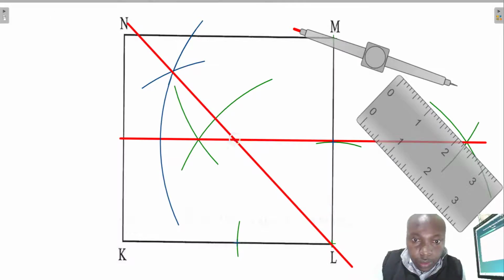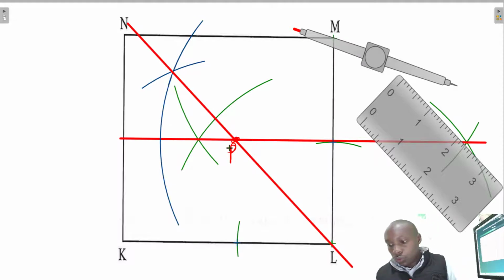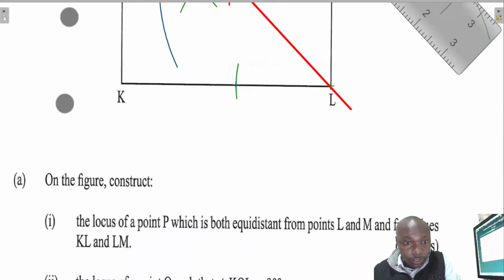P is exactly here in the middle, so that is where we have P. So P is this point of intersection of those two lines. The next thing you're going to do, let's go to the next question.